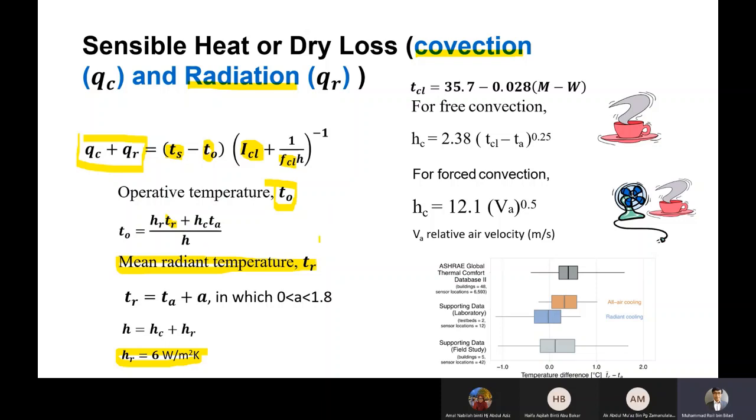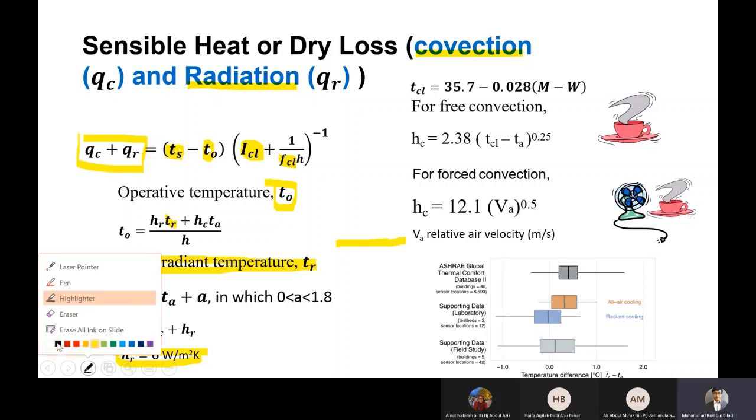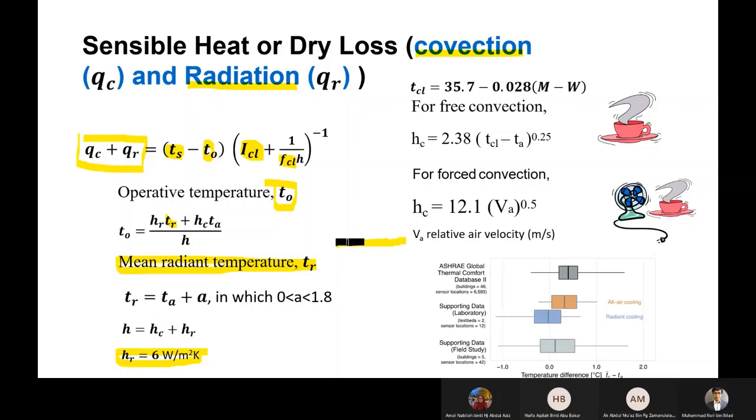So imagine this is the ambient temperature, and then you have a black body here. It will absorb heat from the surroundings, from anywhere, and the temperature will rise. It will be slightly higher than ambient temperature.